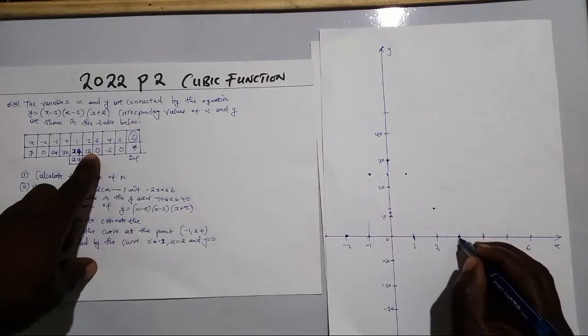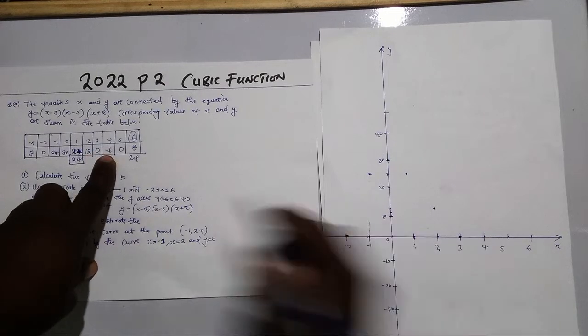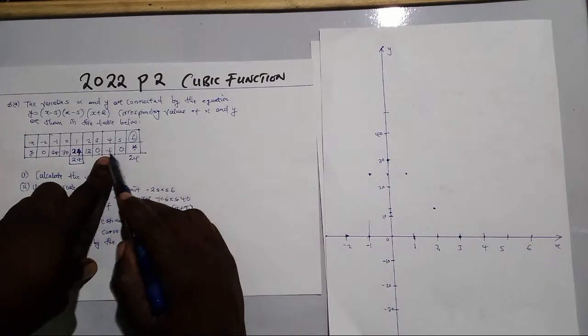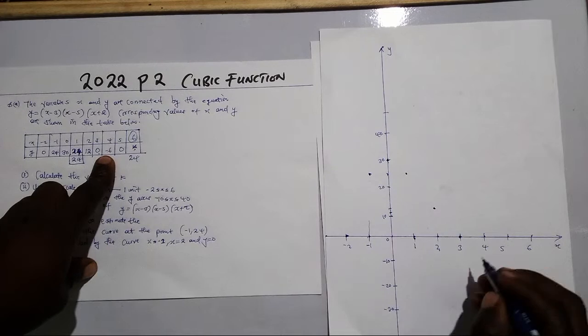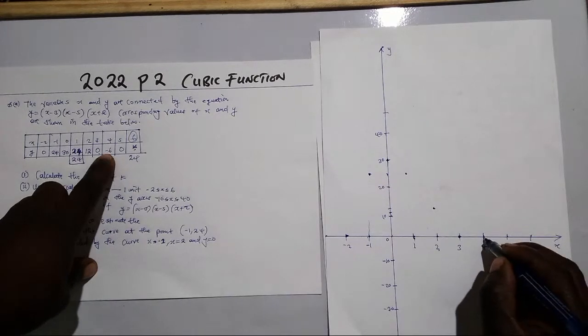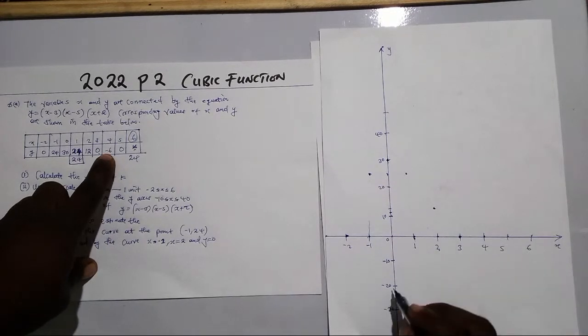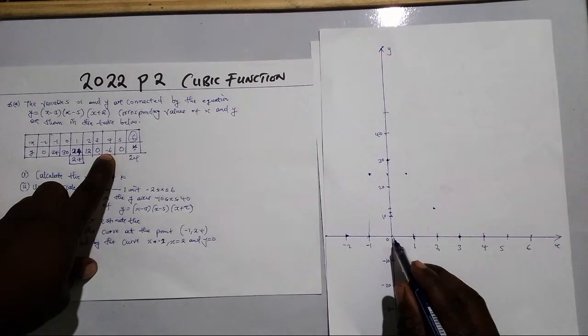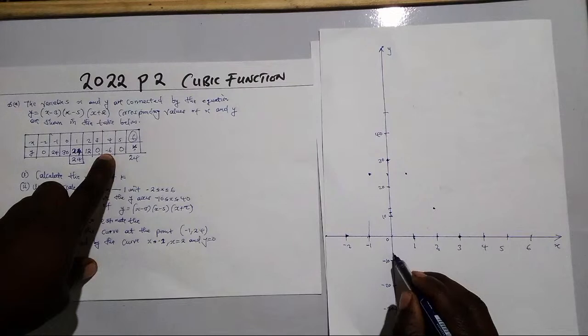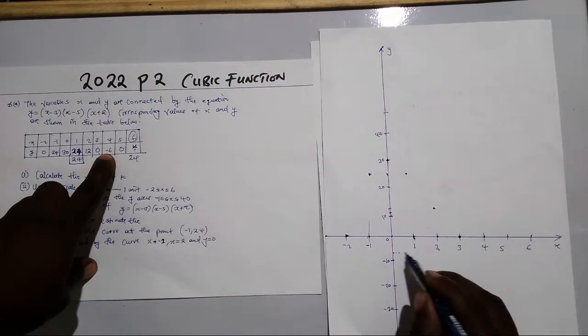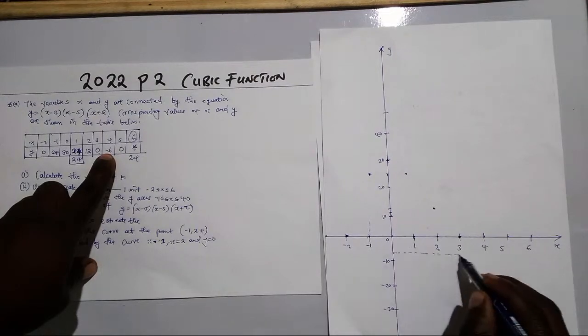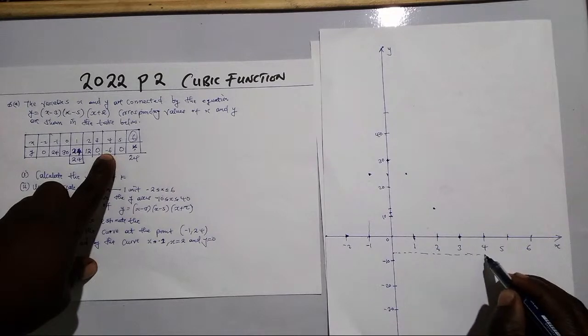This is where 3 comma 0 is. Then 4 comma negative 6. Negative 6 is somewhere here. This is 10 here, so negative 6 is somewhere here. So it will be 4 to negative 6.